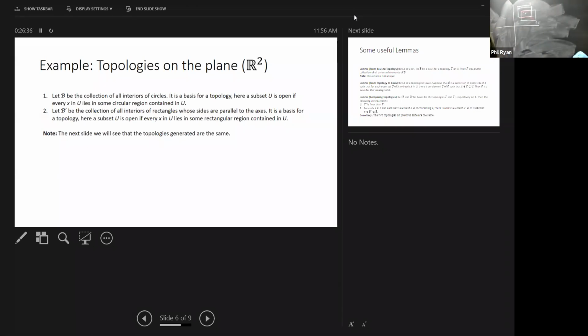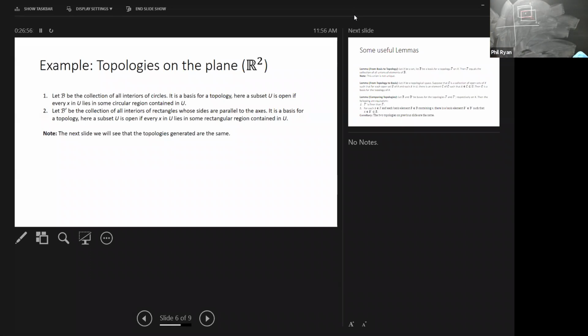Okay, so here we've seen two topologies on R2. Actually, it turns out that it's the same topology. The next slide will do a useful lemma, which will be able to prove that that's actually the case.